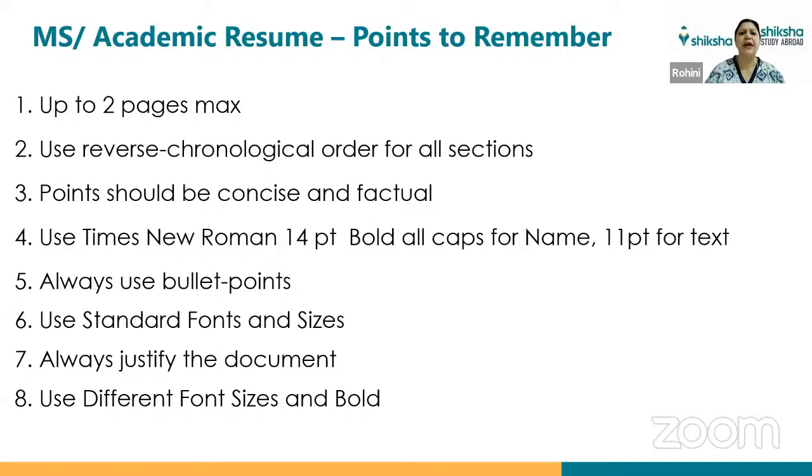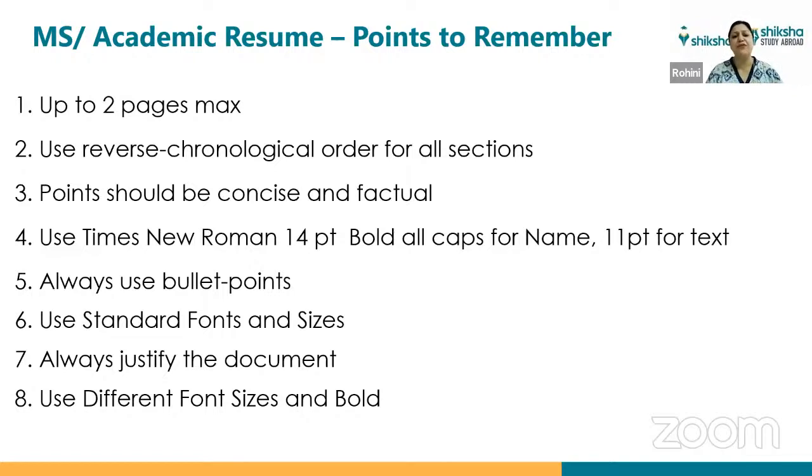Let's look at some of the MS academic resume points to remember. It should be up to 2 pages in length. You should use reverse chronological order for all sections. The points should be concise and factual. Try and use a font like Times New Roman 14 points for the name and 11-point size for the text. Always write in bullet points in a resume.